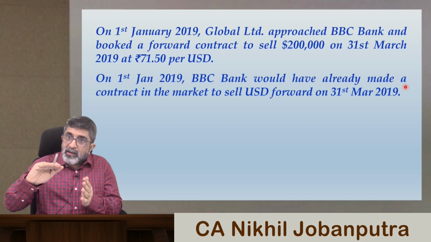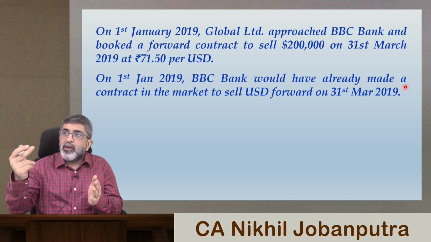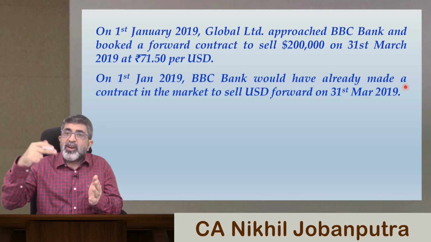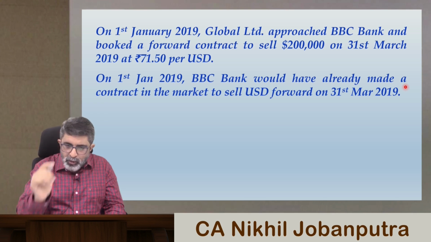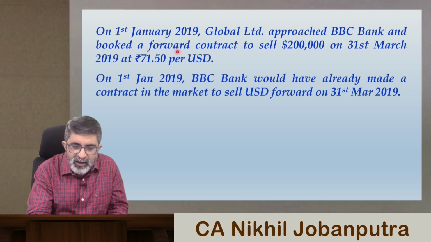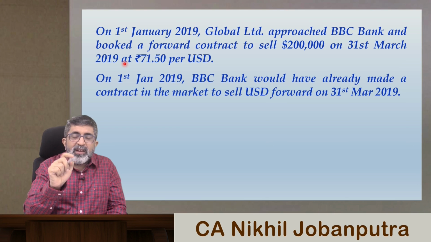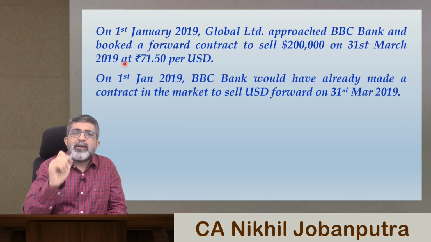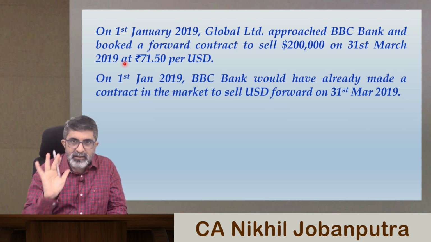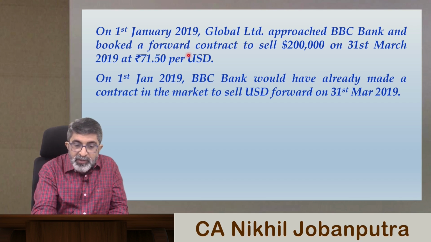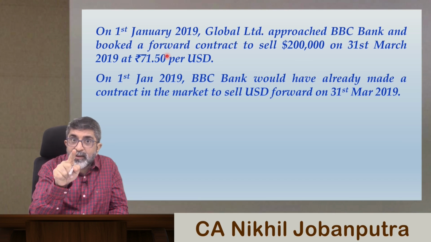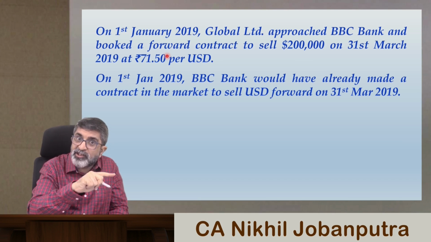It would have taken a counter position to sell these dollars in the forex market, and I am telling you, it would have taken a rate higher than 71.50 guaranteed, because this is the forward bid rate quoted by BBC Bank to Global Limited, which is an exporter.